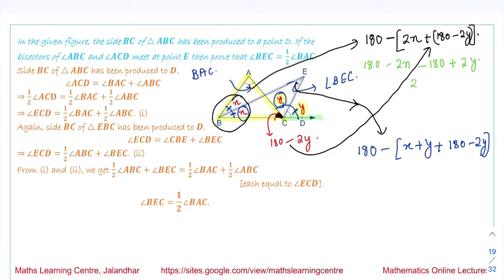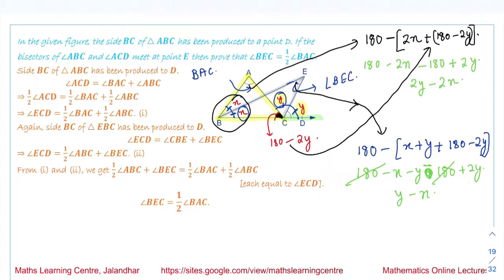So the value you will get is 2y minus 2x. And on solving the second equation, you will get 180 minus x minus y plus 180 minus 180, and lastly plus 2y. So 180 gets cancelled, and what you are left with is y minus x.